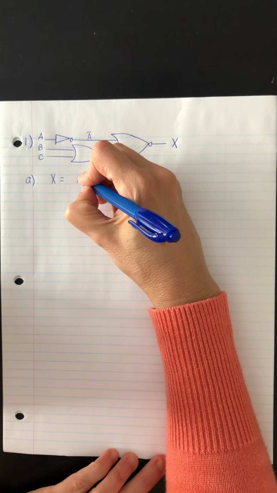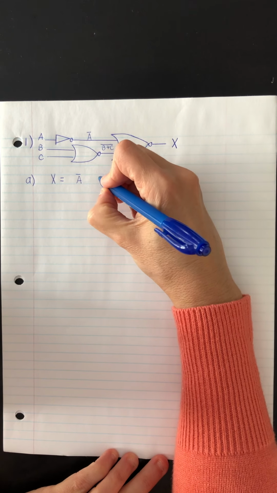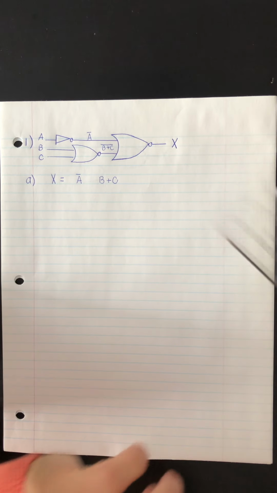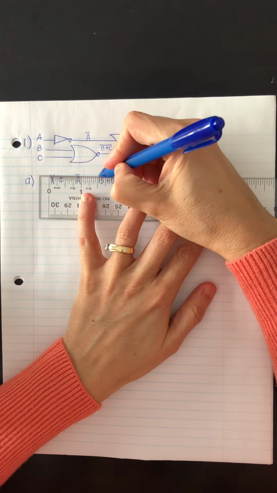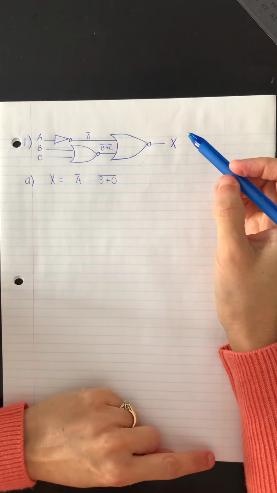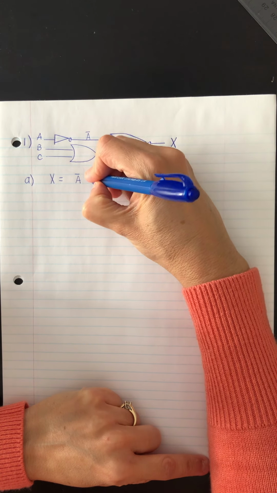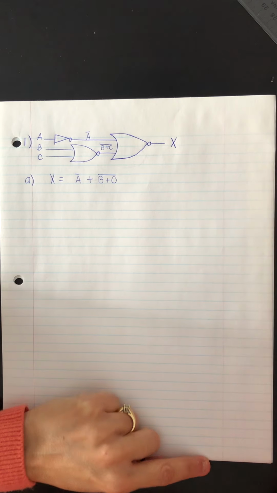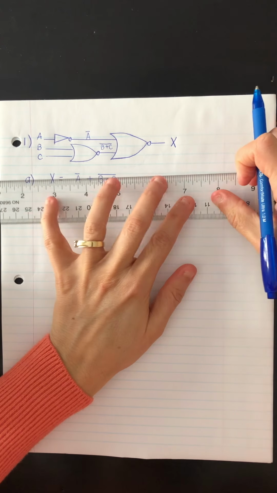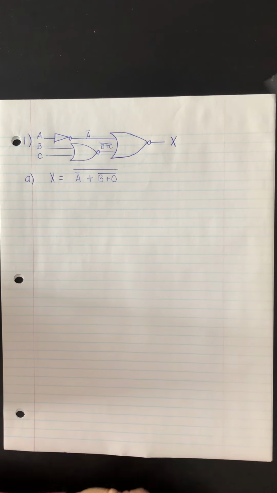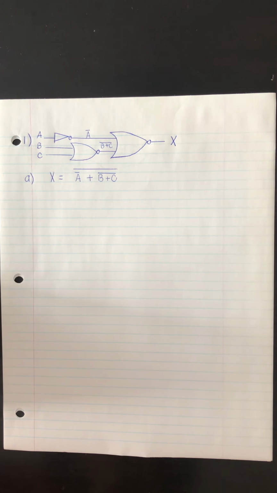So we have A naught, and we also have B plus C all inverted. They are added together, and then that sum is also inverted. So this would then be the original expression for X.